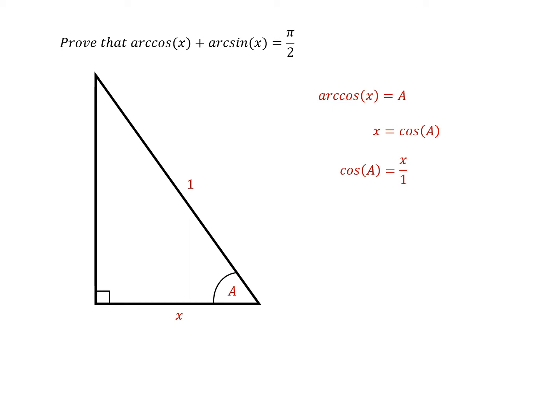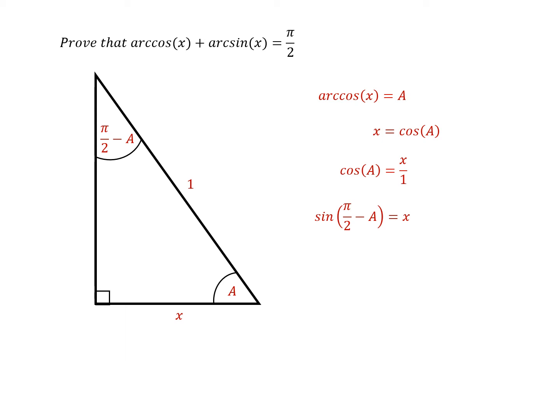Okay, so then what is this angle here? If this is A down here, then this is pi over 2 minus A. So that angle there is pi over 2 minus A. So what is the sine of that angle?